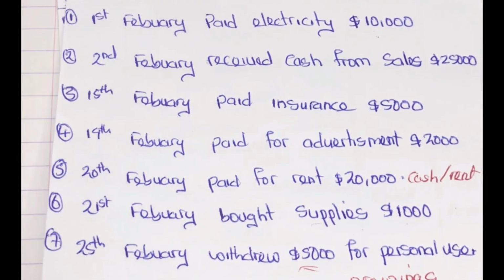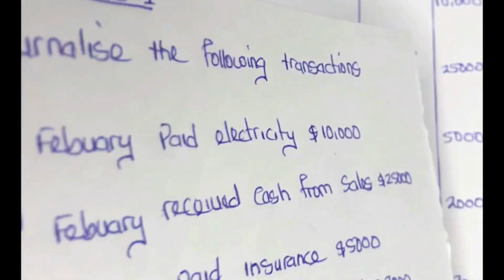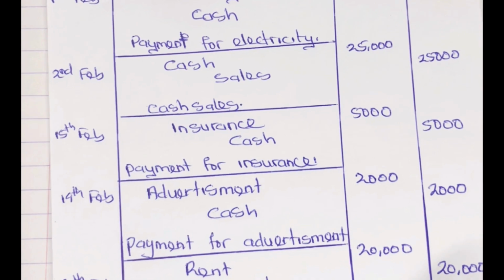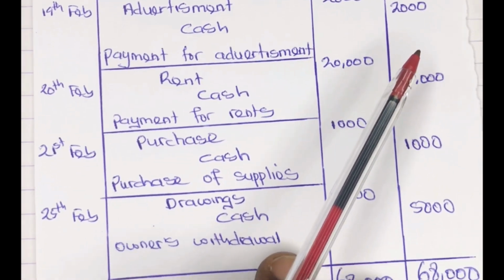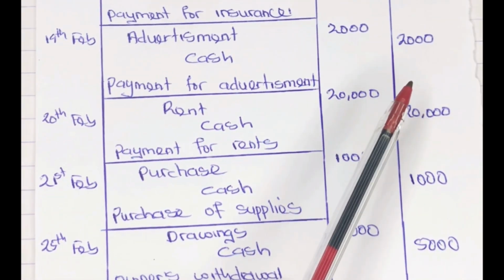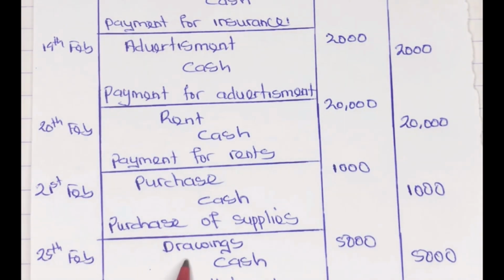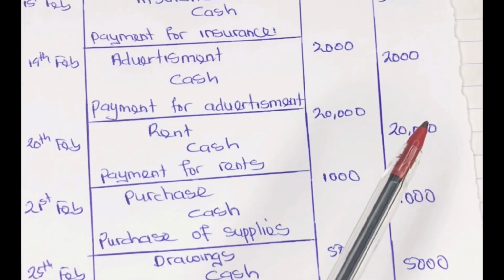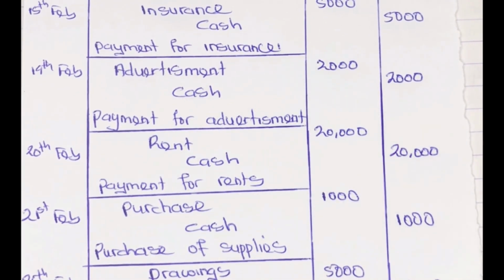So let's see the journal entry. So we debit drawings 5,000 and we credit cash because cash is going out from the business 5,000.